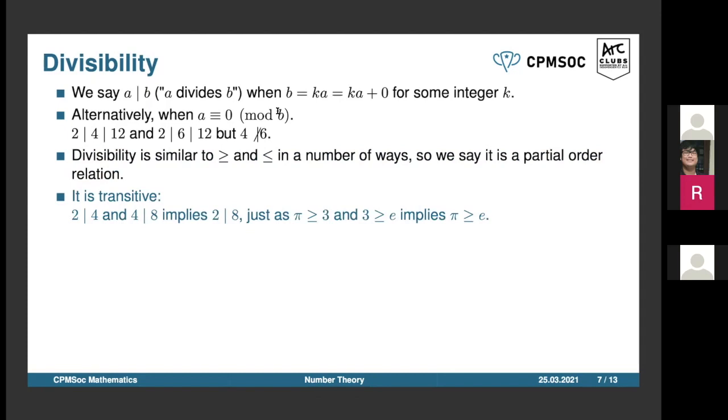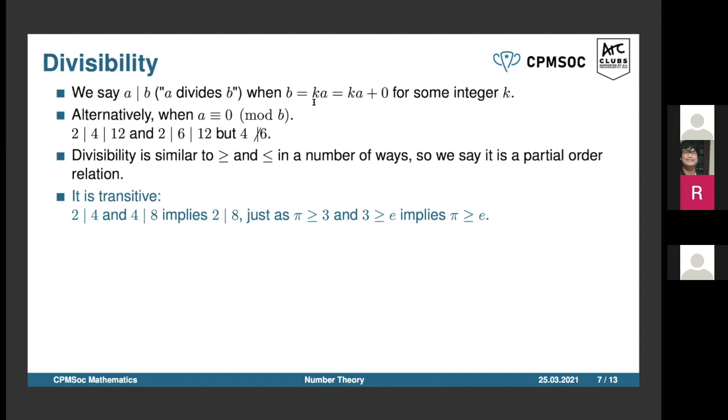So first of all, like we saw with modular equivalence, it's transitive, which just means if you have 2 divides 4, 4 divides 8, then 2 divides 8. And that's pretty easy to prove if you just break this k number down: 8 is 2 times 4, and 4 is 2 times 2.